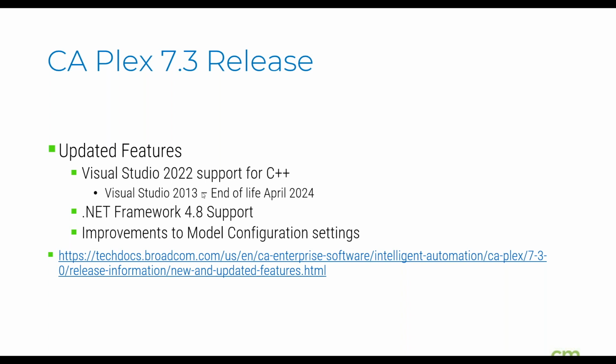So if you've got a WinC application, then this is an important release for you if you want to continue with supported Visual Studio. In addition to this, they've updated the support for the .NET framework for those generating for the .NET platform, and it will now support 4.8.